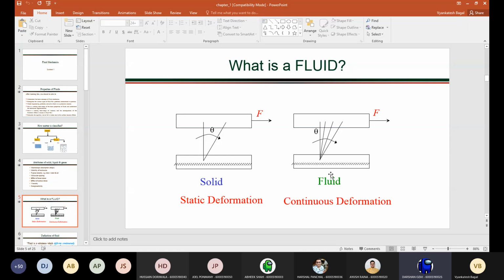It will continuously move. So now you will make three types of observations in this experiment. Pay attention and understand each of these points.